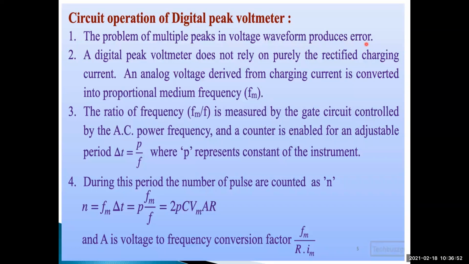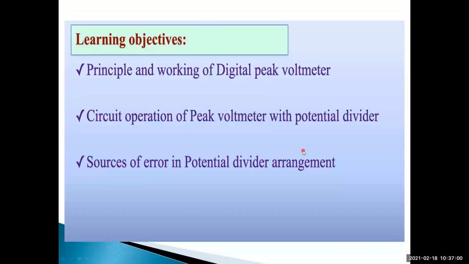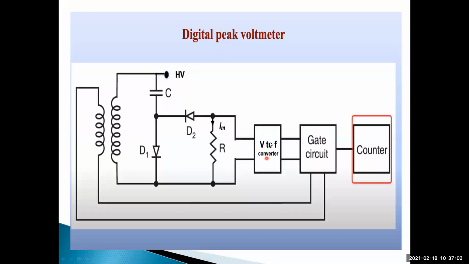An analog voltage is derived from the charging current and is converted into a proportional medium frequency, fm. The proportional frequency is generated by using a voltage to frequency converter.